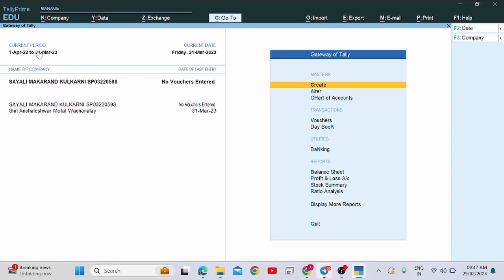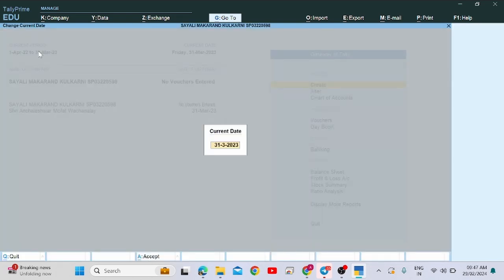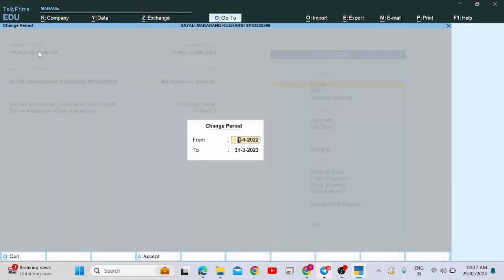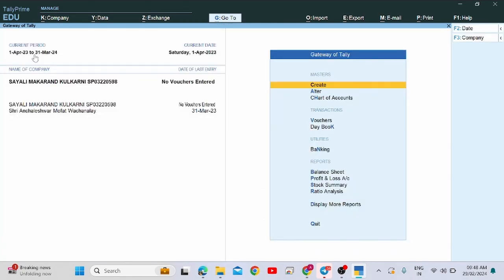You can change period with the help of Alt F2 button, not just F2, Alt F2, and then change the period to 23-24. Your period should be this, otherwise you cannot pass these entries in Tally software. Okay, my period is correct, and my company creation part is also correct, and this is the 1st April to the current date.